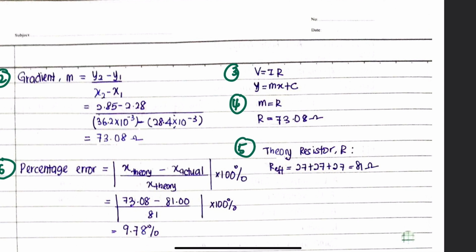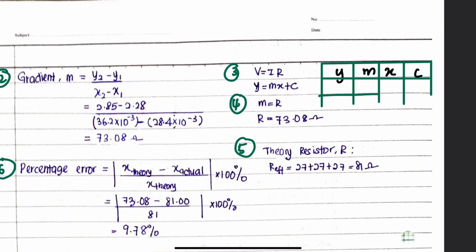Basically you have a linear graph y equals m x plus c, inside a table like this. I want you to compare with the theory equation, the equation that is in the theory part.